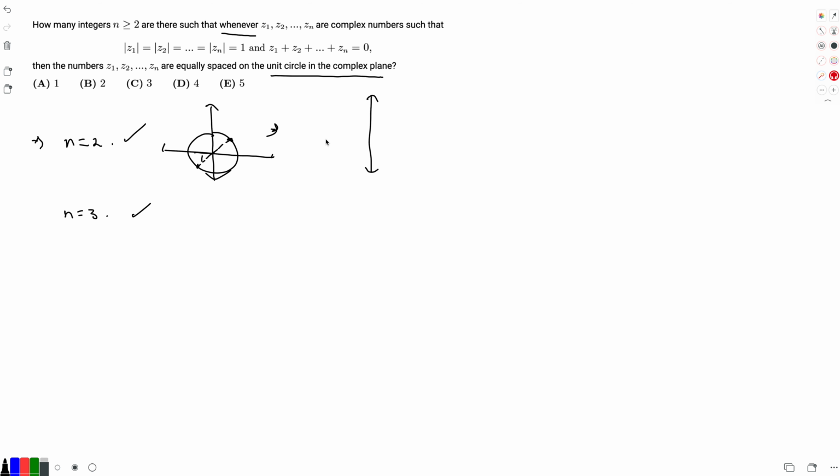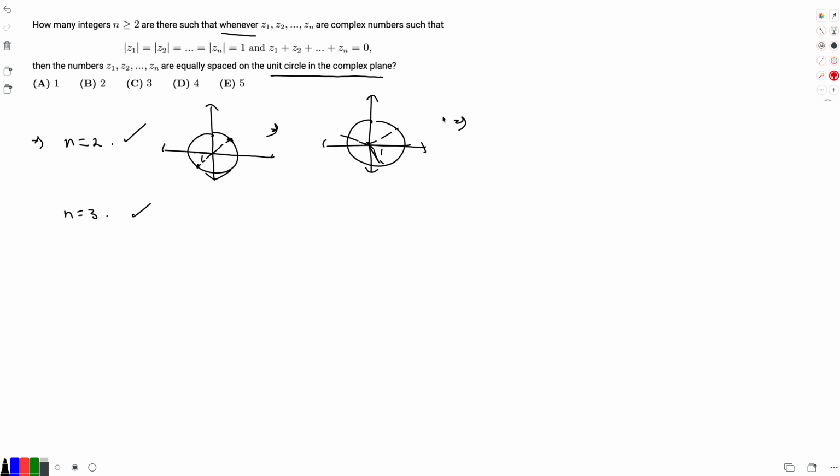Specifically, when we have a circle with radius 1, we need to show that if the roots are of modulus 1 and they sum to 0, then they must be equally spaced around the circle. Or in other words, that they have a 2 pi over 3 radian distance away from them, right? So how can we show this?